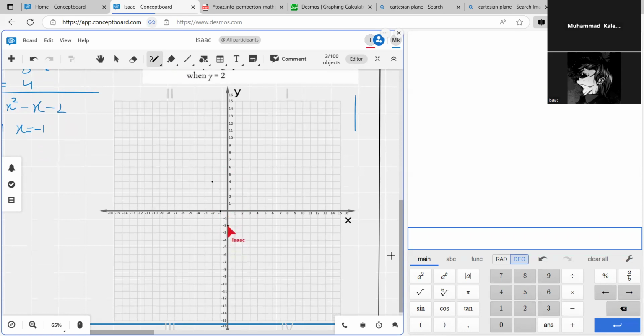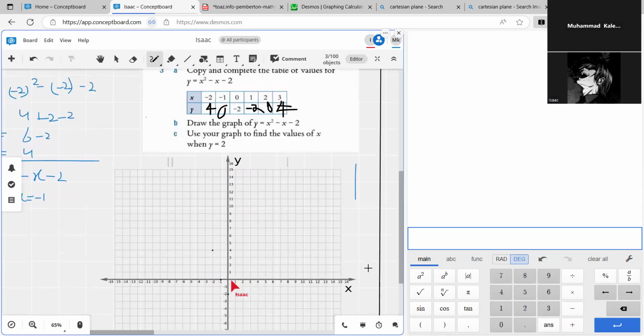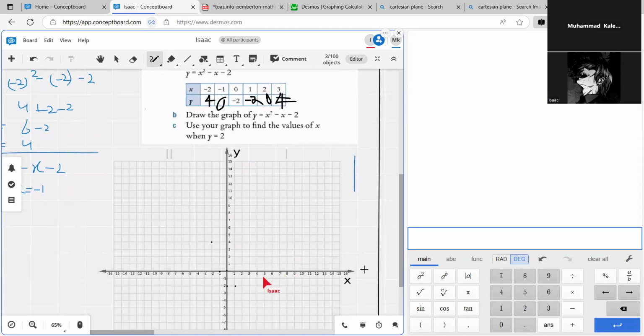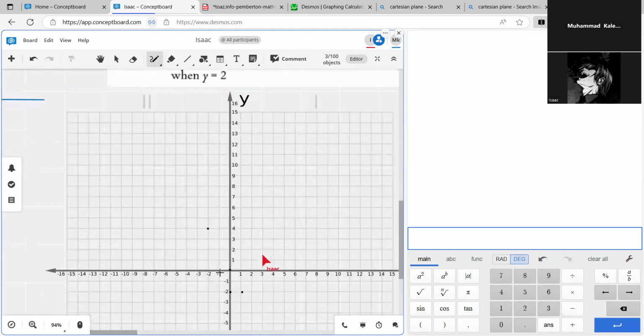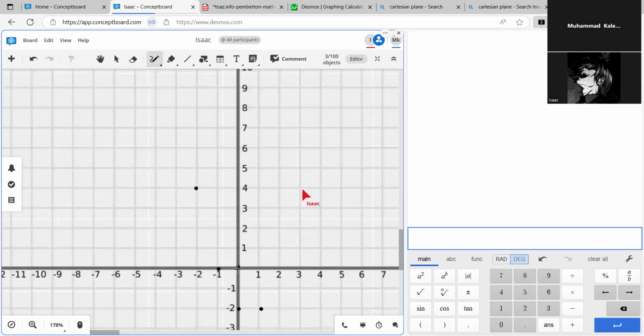Yeah, here it is. Yeah, that's true. 2, 0. You mark the point here, 0, 0.